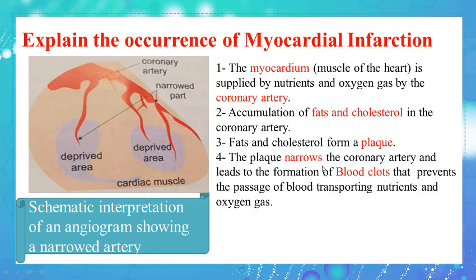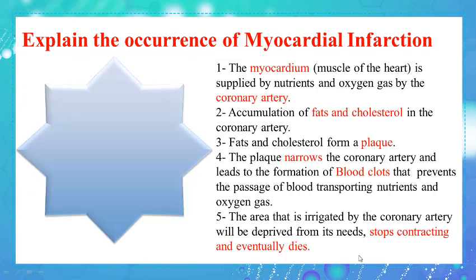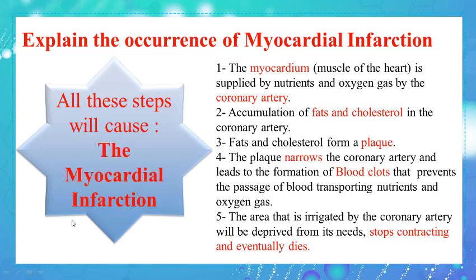The plaque narrows the coronary artery and leads to the formation of blood clots that prevents the passage of blood transporting nutrients and oxygen gas. The area that is irrigated by the coronary artery will be deprived from its needs, stop contracting, and eventually dies. So, all these steps will cause the myocardial infarction.